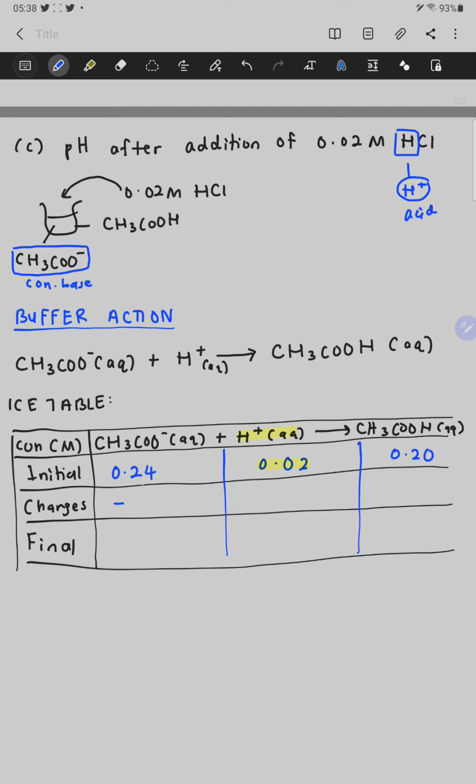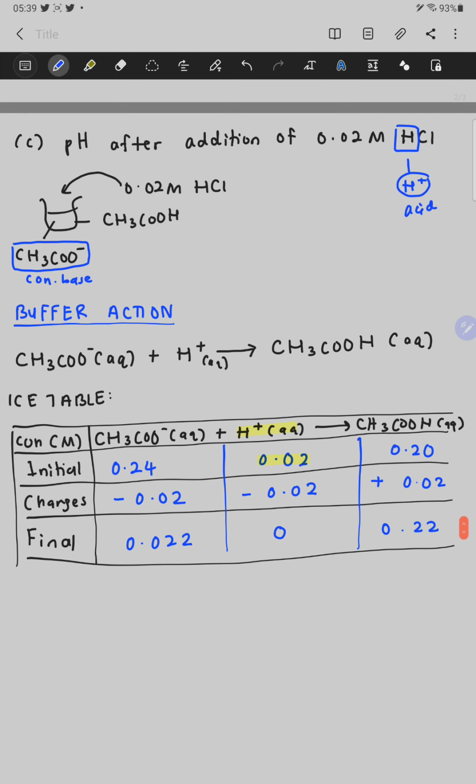Okay, so maksudnya concentration of conjugate base akan decrease sebanyak 0.02 mengikut concentration H+, dan H+ pun akan di neutralize 100%, maksudnya at final level dia dah tak ada, and concentration of weak acid akan bertambah sebanyak 0.02. So at final concentration of conjugate base will be 0.22. Okay, concentration H+ 0, kita dah 100% neutralize, and concentration of weak acid is also 0.22.